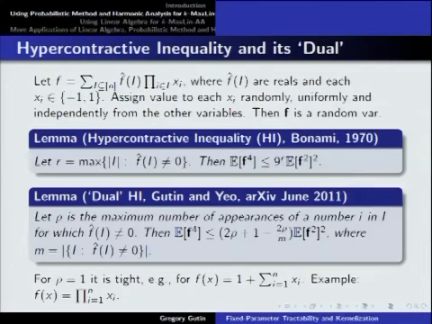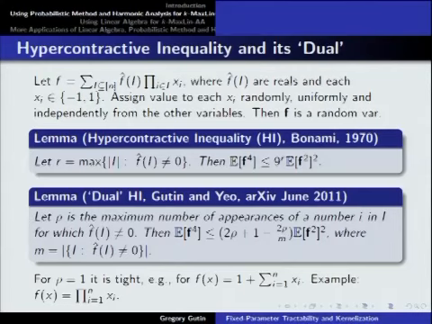Now, also because of Max-Lin above average, we got another formulation of the hypercontractive inequality, as you can see here, with somewhat smaller coefficients. So what is rho?